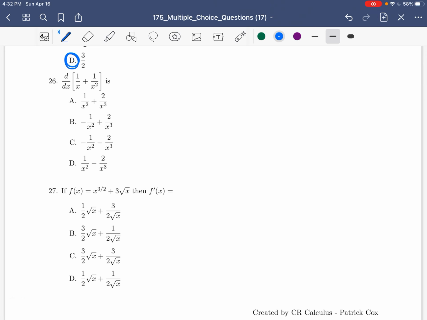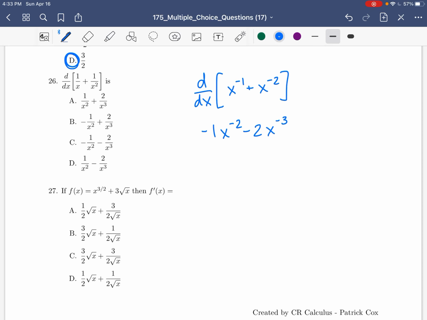26, we have the derivative of 1 over x plus 1 over x squared. Let's go ahead and change these to negative exponents. So x to the negative 1 plus x to the negative 2. And we take the derivative, we get negative 1, x to the negative 2, minus 2x to the negative 3.